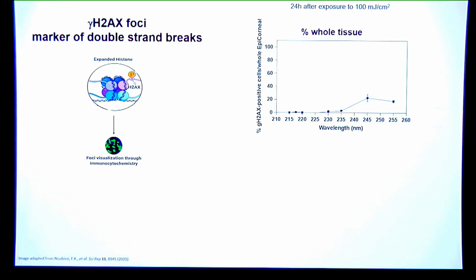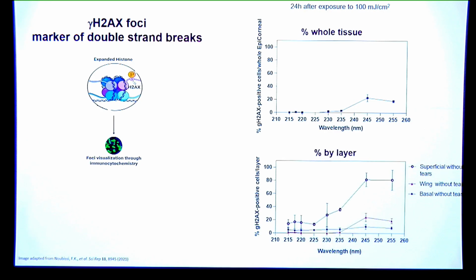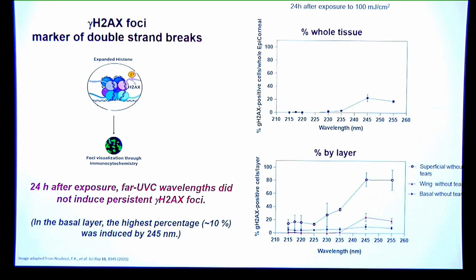And as you can see, when you look at the whole tissue, without going layer by layer, again, far UVC wavelength does not induce DNA damage, double-strand breaks. And then if you look at them layer by layer, again, you might have some in the superficial layer, particularly at relatively higher wavelength.